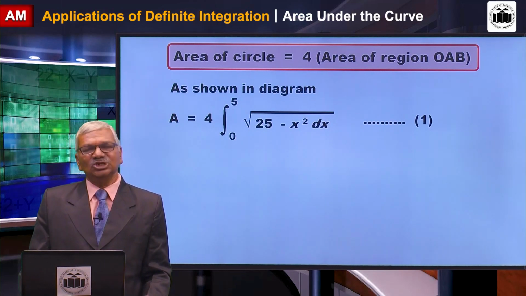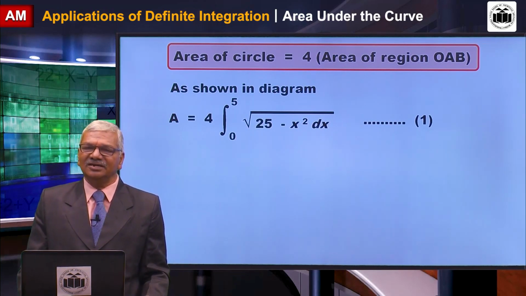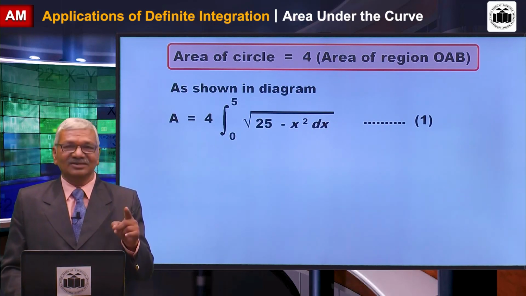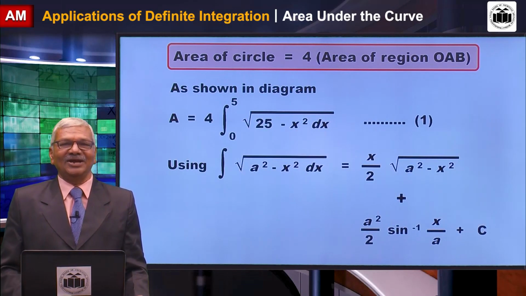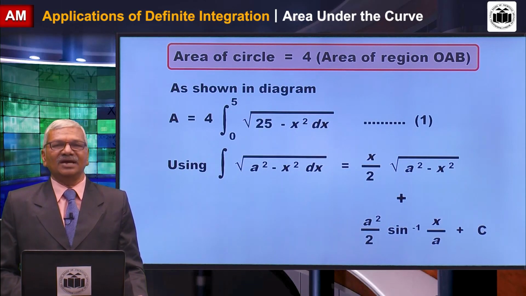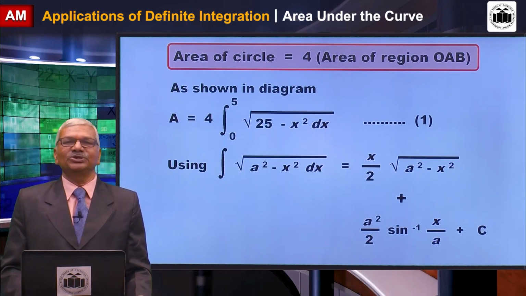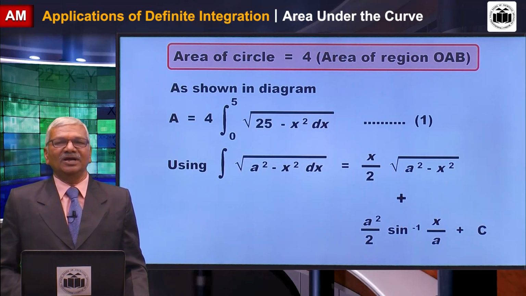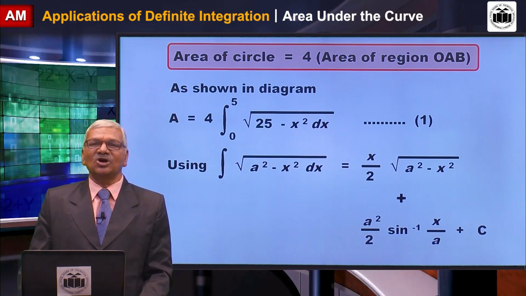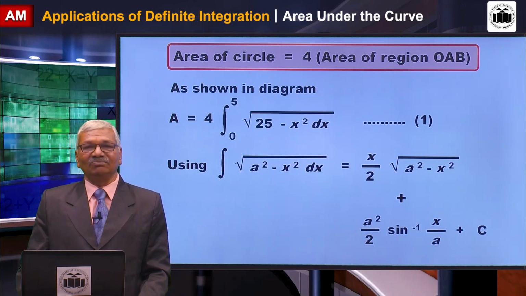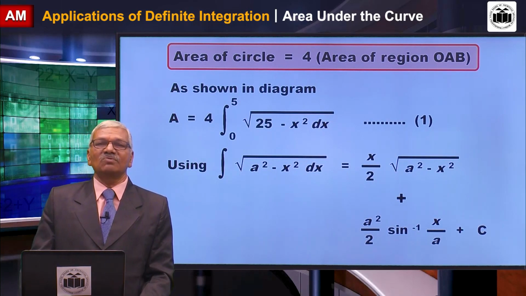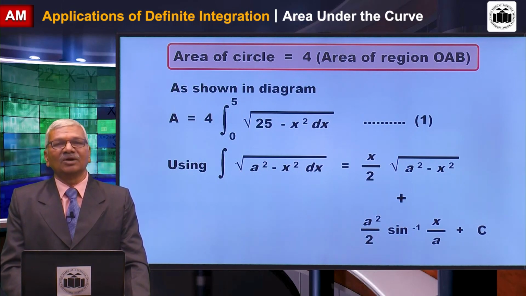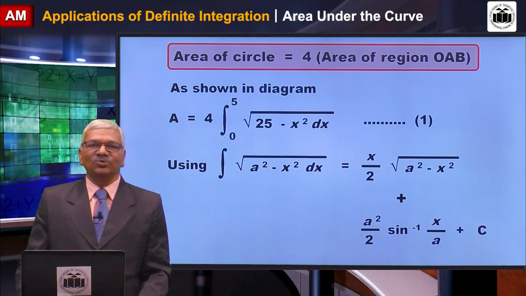Can you guess which formula we will apply to find this integration? Right. The formula is integration root a square minus x square dx equals x by 2 root a square minus x square plus a square by 2 sine inverse of x by a plus c. Because the function is in the form of root a square minus x square dx, we will apply this formula.